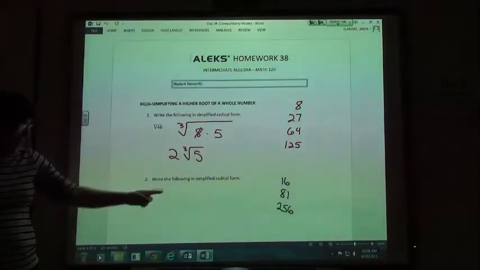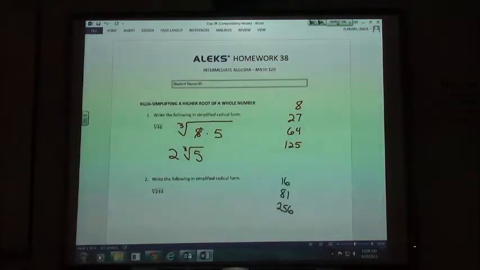So one of those three things must divide evenly into 243, right?